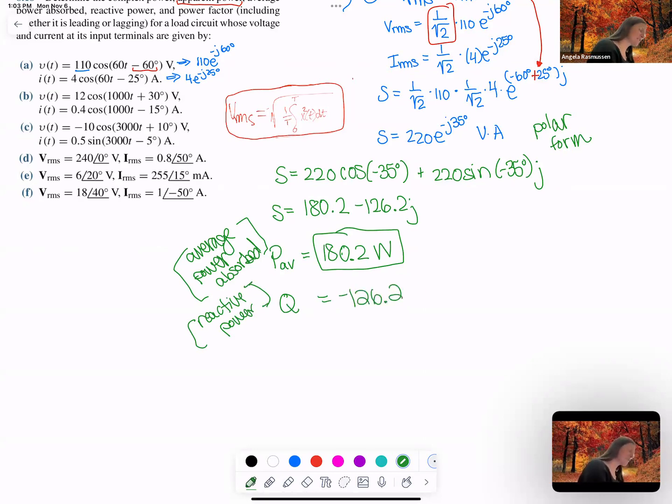And this one is in volt ampere reactive, VAR.